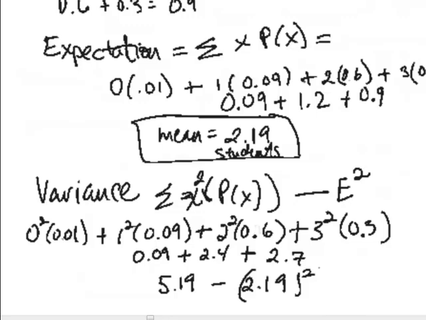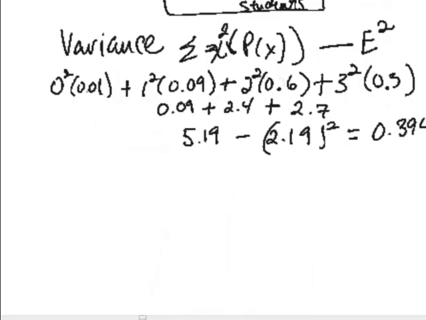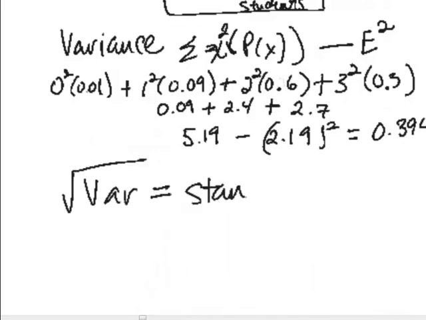Parentheses equals, and we get that is our variance. If you wanted the standard deviation, don't forget the relationship between variance and standard deviation is the square root of variance is the standard deviation.